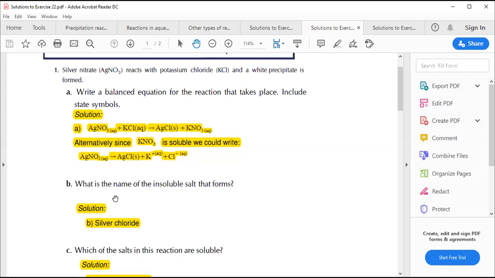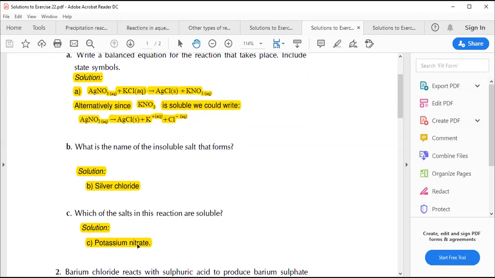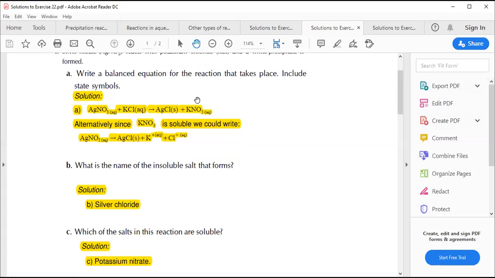Right, next one, which of the salts in this reaction are soluble? You're going to go with potassium nitrate. You can even go with potassium chloride, it's fine. Silver nitrate, all nitrates are soluble. So you can mention the other ones, all three, it's fine.